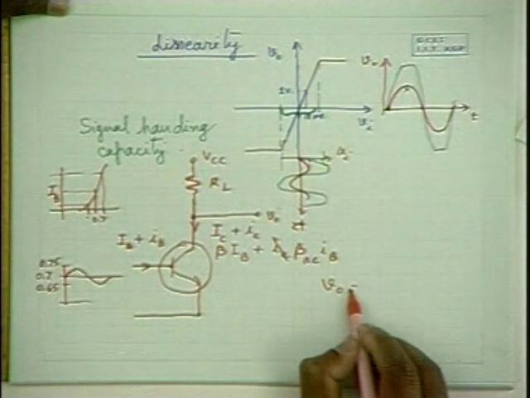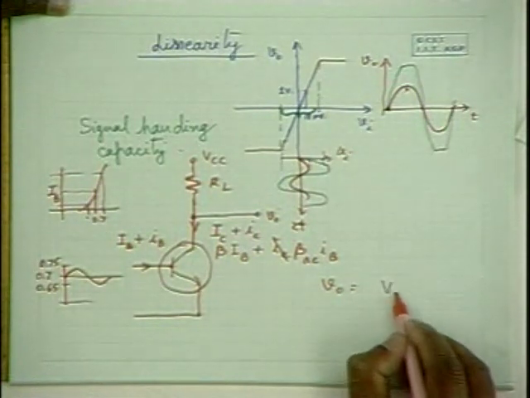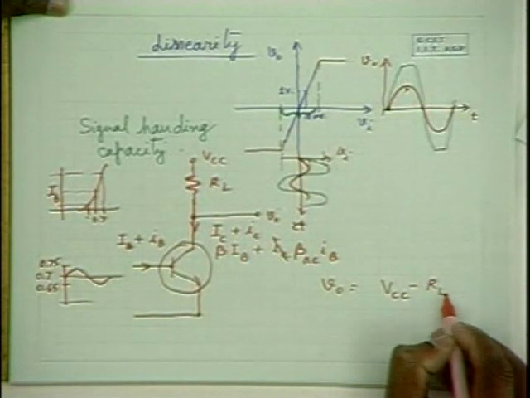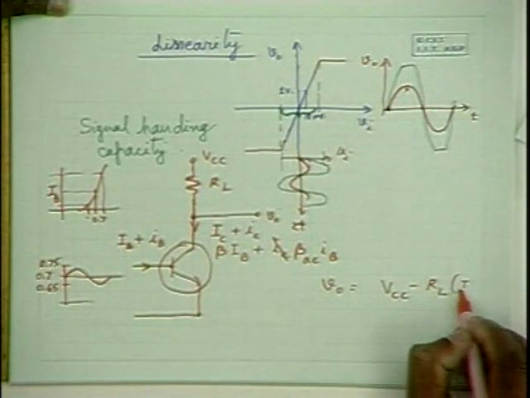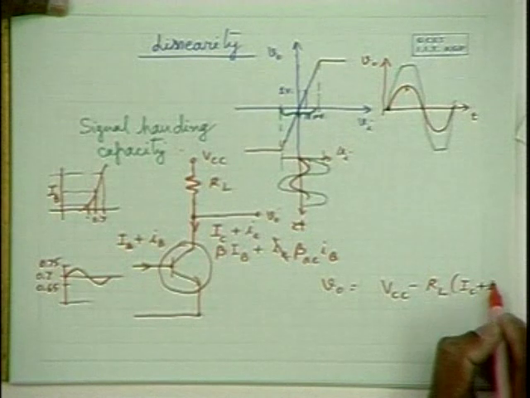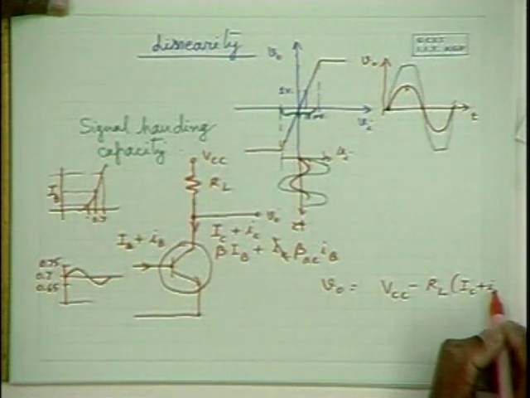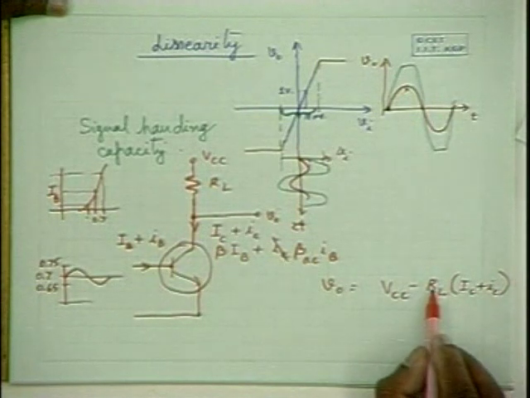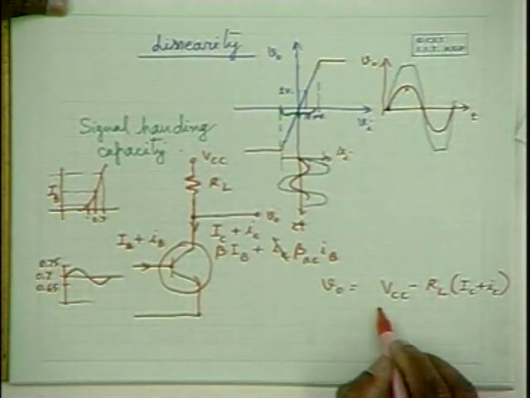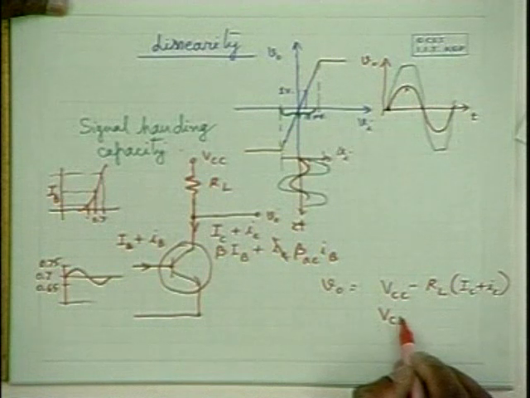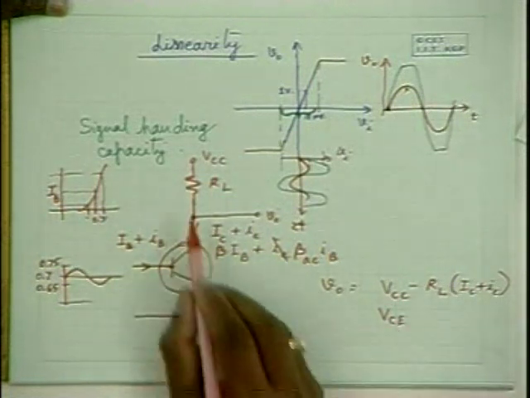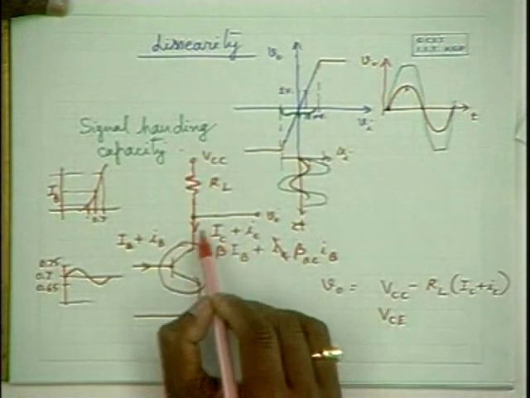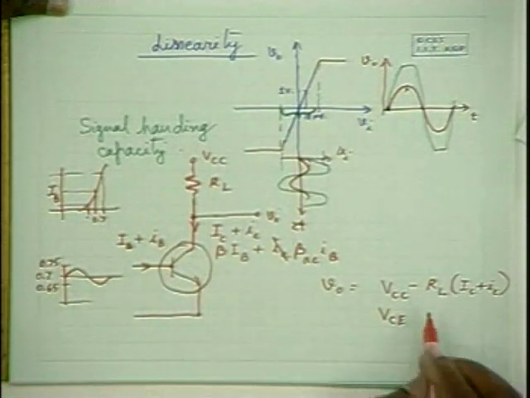So V0 is VCC minus RL into IC plus small ic. And VCC minus RL into IC is going to be that fixed, biased VCE. VCC minus RL into IC is that biased VCE.